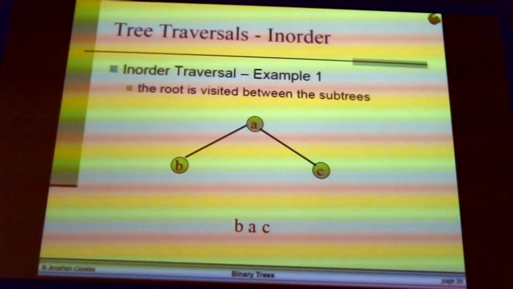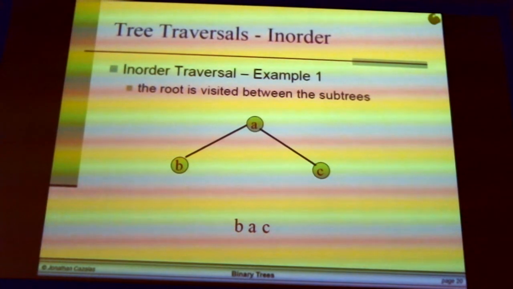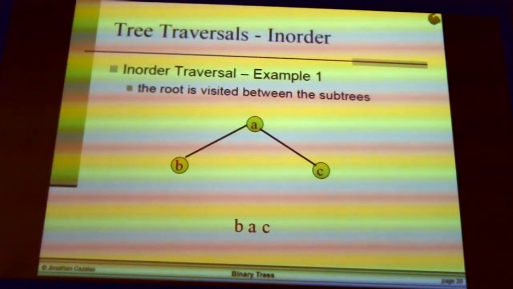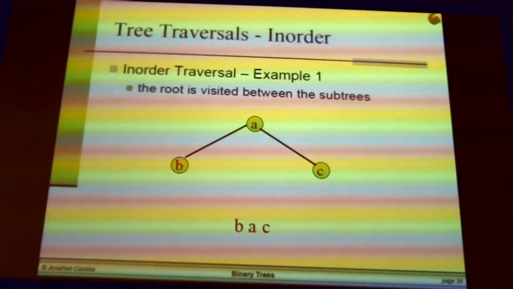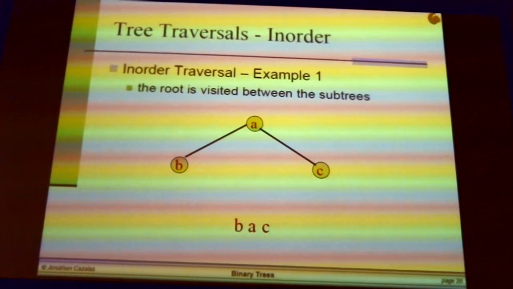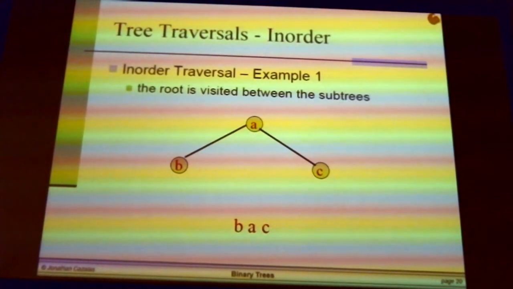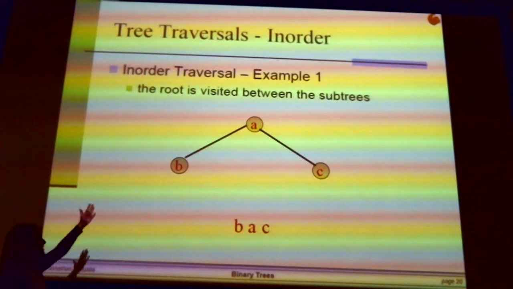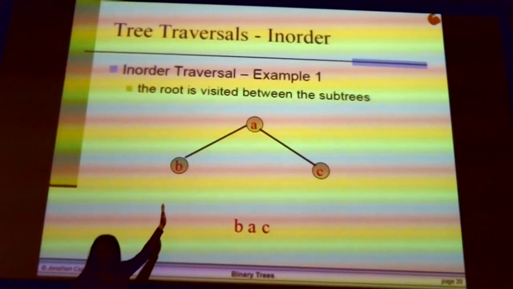Okay? Who's comfortable with this one? Totally get this one, right? In order, you visit between the subtrees. My subtrees are B and C. Good? Yes? Okay. So then the root gets visited between the trees, and you always start at the left in binary trees.